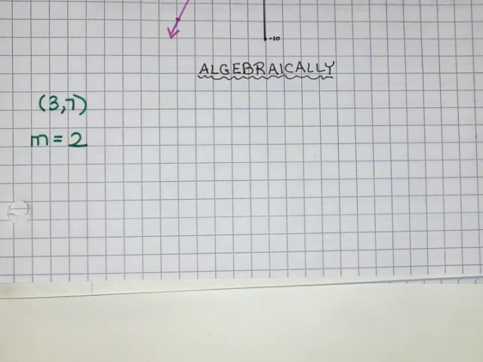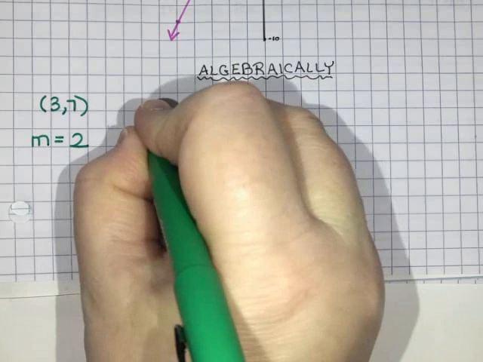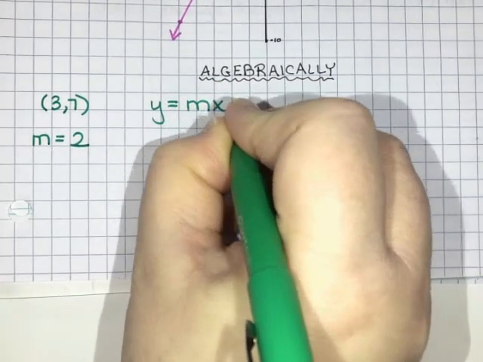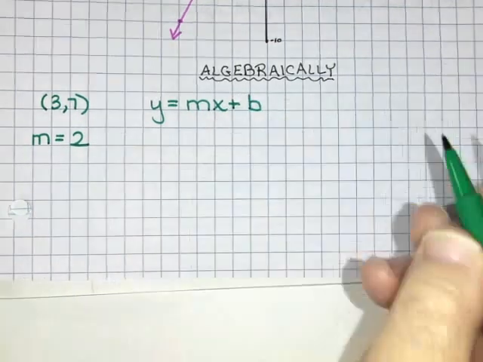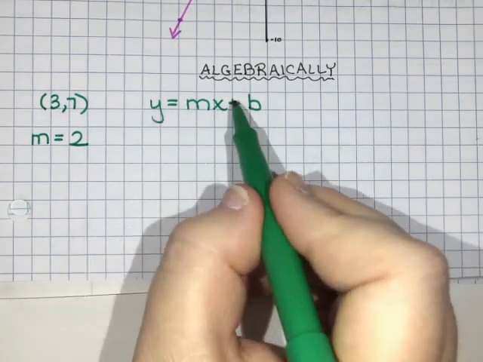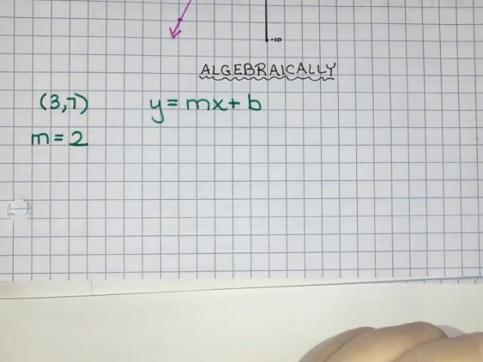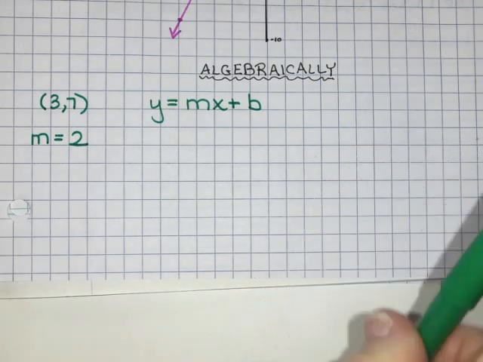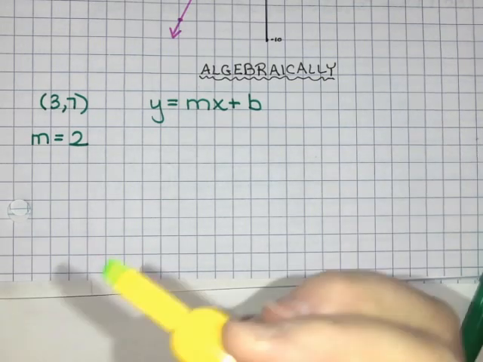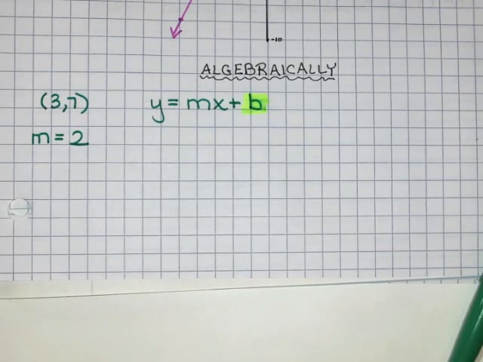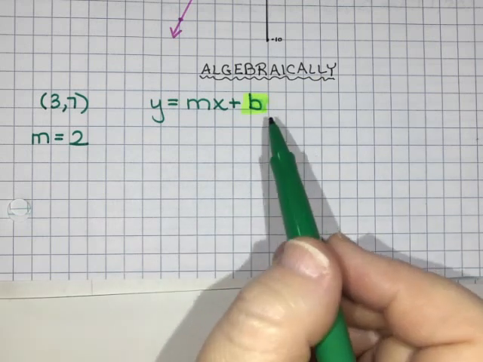So we said an equation of a line is written in the form y equals mx plus b, where m is the slope and b is the y-intercept, and x and y just represent the points that are on our line. So what I can do is we want to try to find b, the y-intercept, so I can use the rest of that formula to help me calculate what b is.